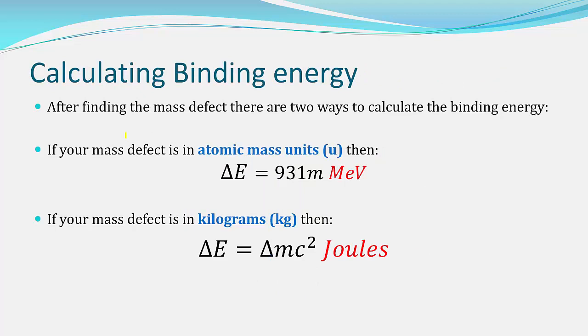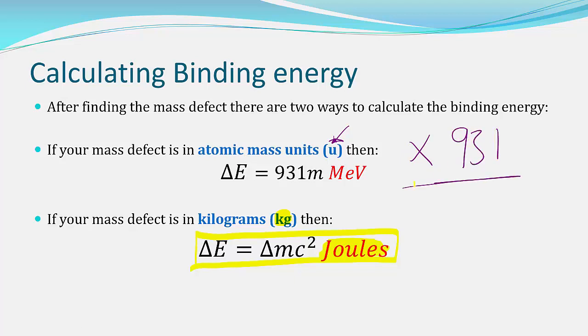So to calculate the binding energy, there are two methods. You have the original method, which is what I spoke about in the previous slide. You can do that if you have the mass in kilograms, and the result that you get will be in joules. Now, there's another method, and it's an easier method, and it also works well if you've got the number in atomic mass units. If you've got a result in u's, then all you need to do is multiply it by 931.